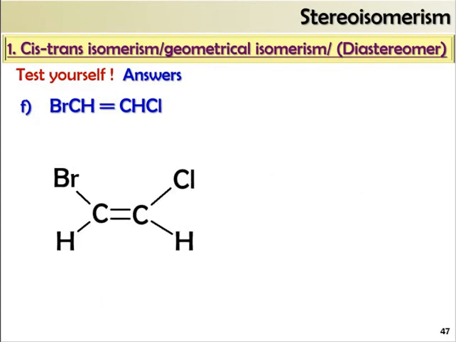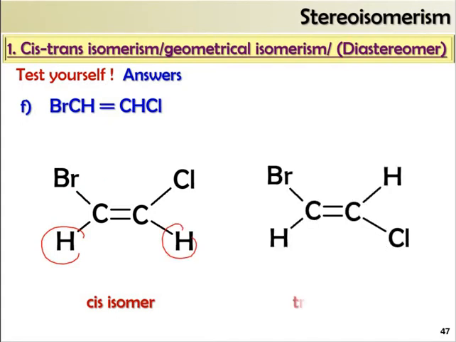And then here we have Br and Cl. Walaupun dia berbeza di sini, dekat sini dia tetap macam tadi contoh dua-dua sama kan, halogen, it doesn't matter. Yang penting kita tengok hydrogen lah, same side. Okay, it is the cis isomer, and then bila kita letak opposite side, it is the trans isomer.